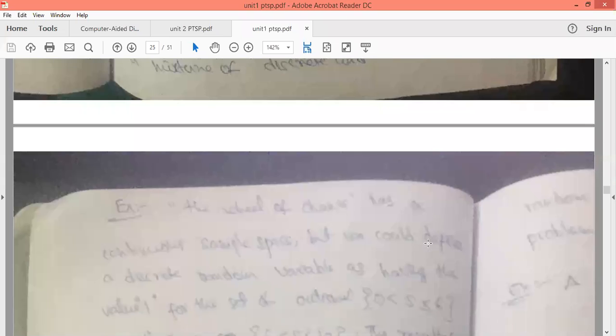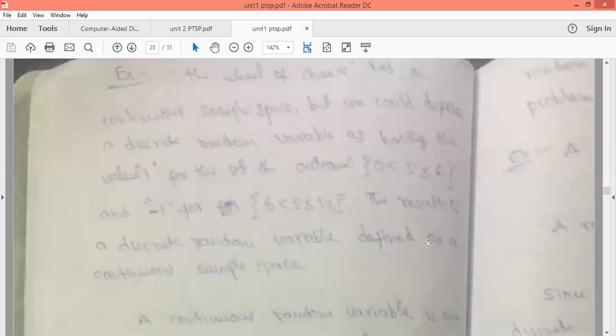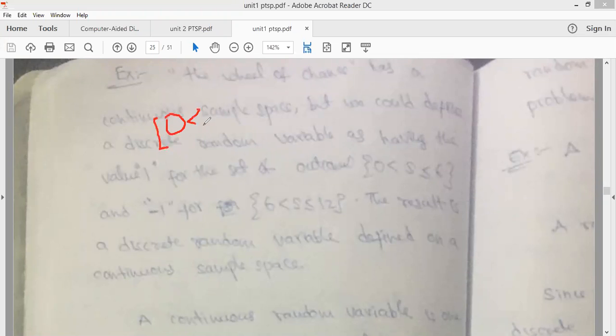With this sample space we can obtain the discrete random variable. For example, we take the continuous sample space. What is the continuous sample space? We have just now discussed the numbers on a wheel of chance. The numbers on the wheel of chance are denoted as 0 < s ≤ 12.